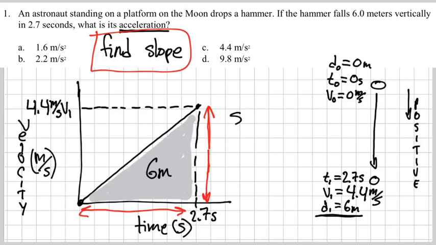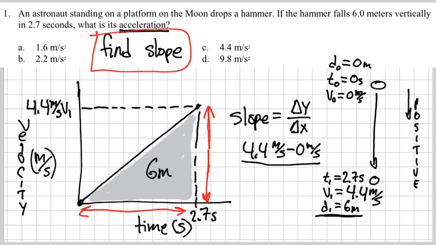As you know, the slope equation is the change in y over the change in x, or in this case, the change in velocity over the change in time. And the change in velocity is 4.4 meters per second minus 0 meters per second, which seems a little silly, over 2.7 seconds minus 0 seconds, again a little silly, and that will give us a final answer of 1.6 meters per second squared.